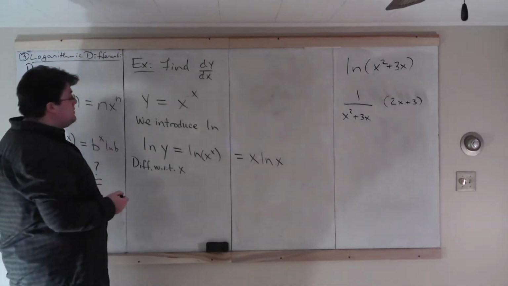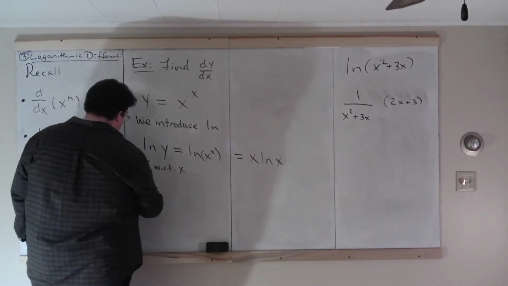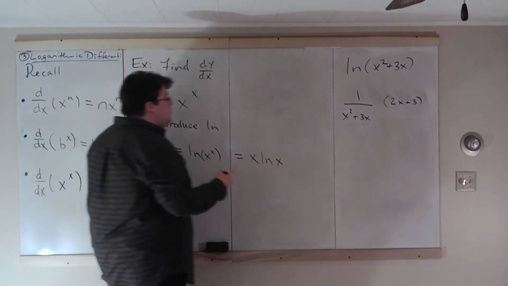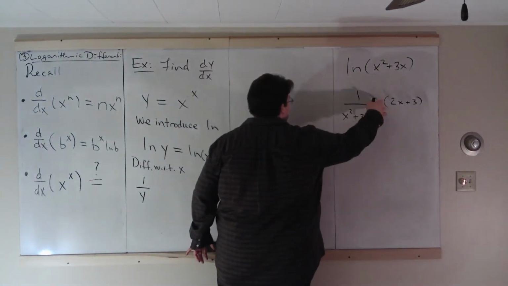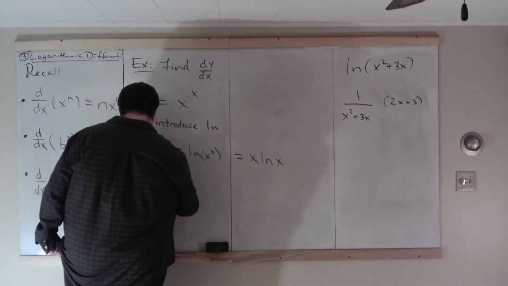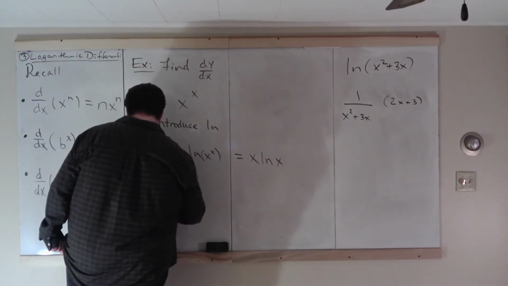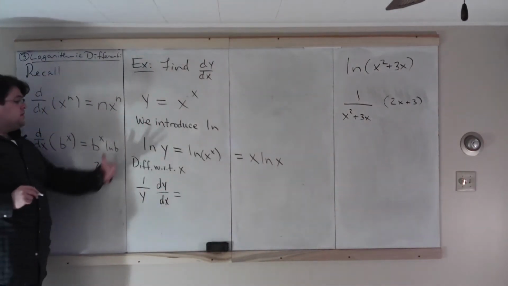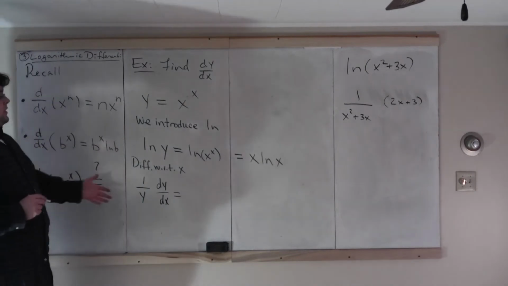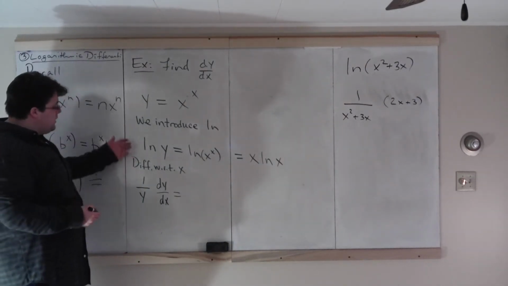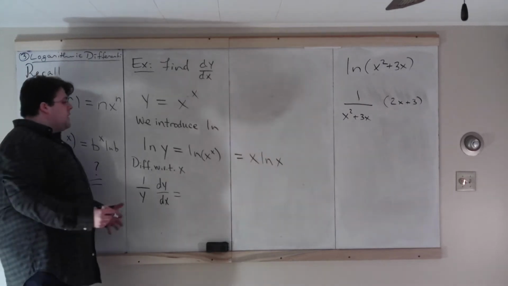Here, the inside is y. So we get 1 over y times the derivative of the inside, which is dy dx. So on the left side, differentiating implicitly with respect to x, you get 1 over y times dy dx by chain rule.